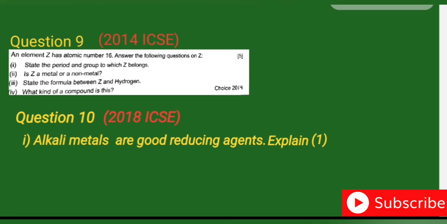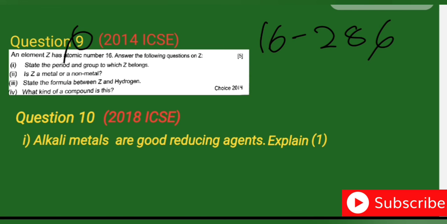What kind of compound is this? Children, we have already solved this type of question. That's why I have repeated it, because it is the same question we have already discussed. So let us write the atomic number 16. The configuration is 2, 8, 6.